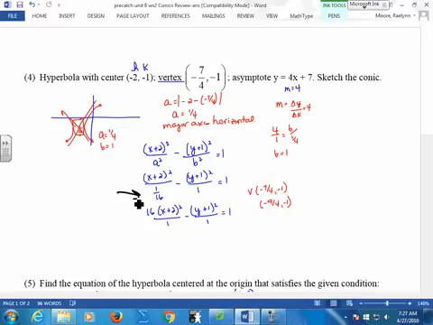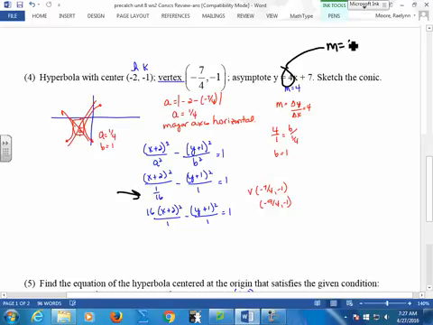Can you guys use your slope? Again, don't get hung up over who's the A, who's the B. Use what you know about slope: change in y over change in x. Underneath the y, that's your B. Underneath the x, that's your A. So square root whatever A squared is, square root whatever B squared is, and build your slope.